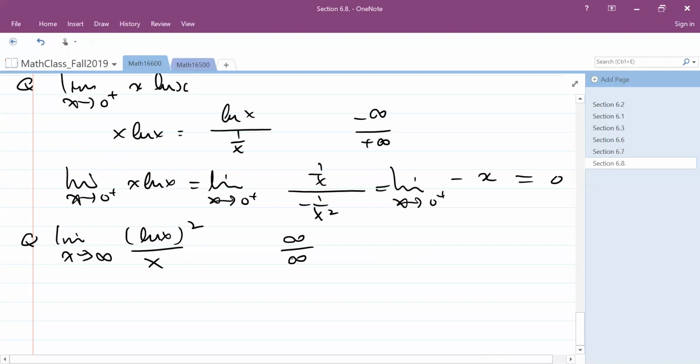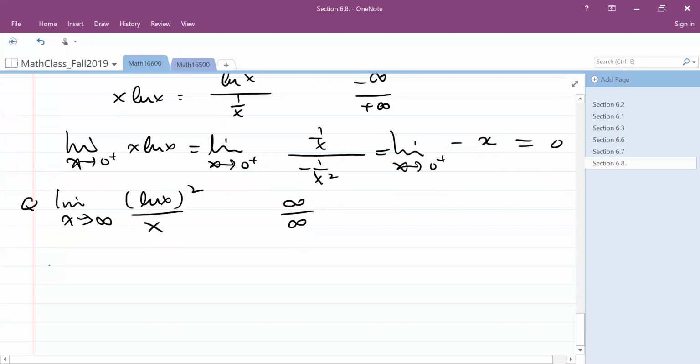Every time you apply L'Hopital's rule, verify the condition. Most theorems in mathematics are stated like that: under such conditions, then you have the result. If the condition is not valid, then you cannot apply that theorem to solve the problem.